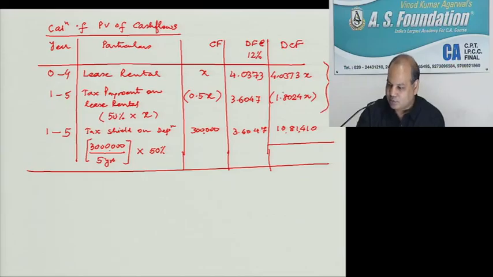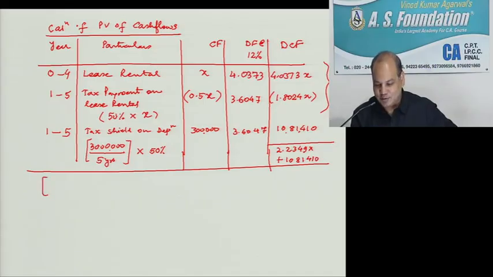One is positive, one is negative. How much? 2.2349x, and plus 1 lakh 10 lakh, 81,410.